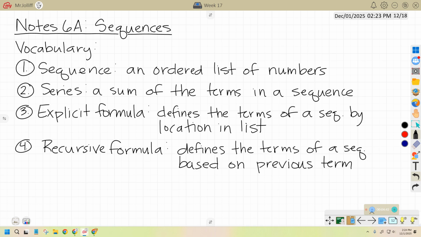Meaning if I am sitting in position 2, in order to figure out the value in position 2, I have to know what the value in position 1 was. This one requires a knowledge of history. I have to know what happened before me before I can figure out what's happening now.